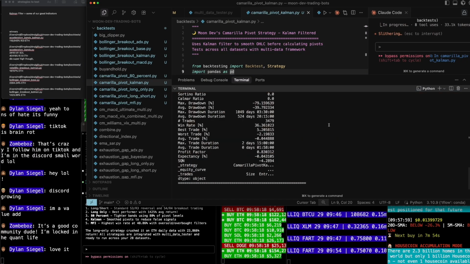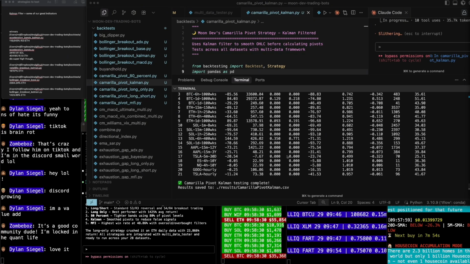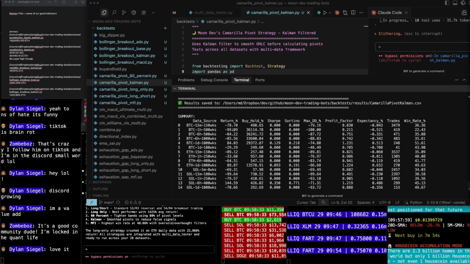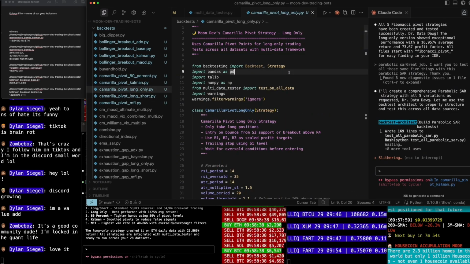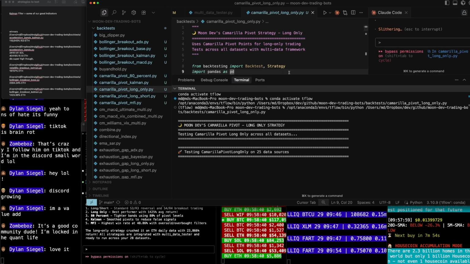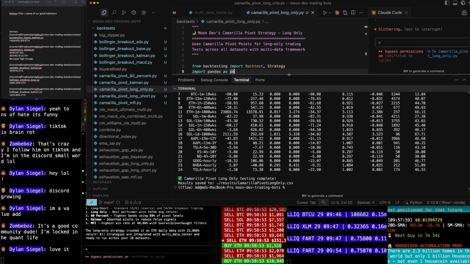Oh, we got an error, but I think that was a prior error. Okay, 144. Nah, not too good. Long only should be interesting. 0.38 expectancy. 3.52.